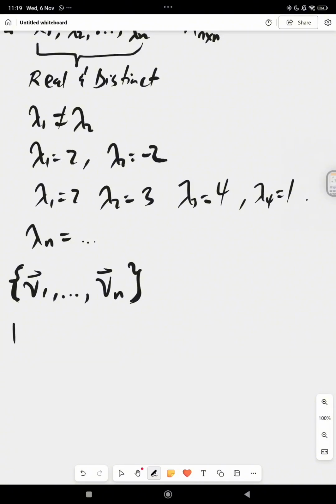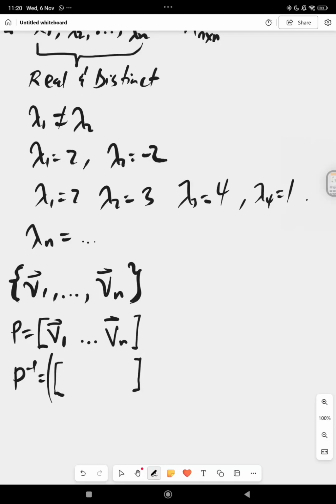From this set of corresponding eigenvectors, we can find our matrix P, which is made up of all the eigenvectors that you have. And then we can also find our P inverse, which is also a matrix. Okay, so P inverse is what I've written.